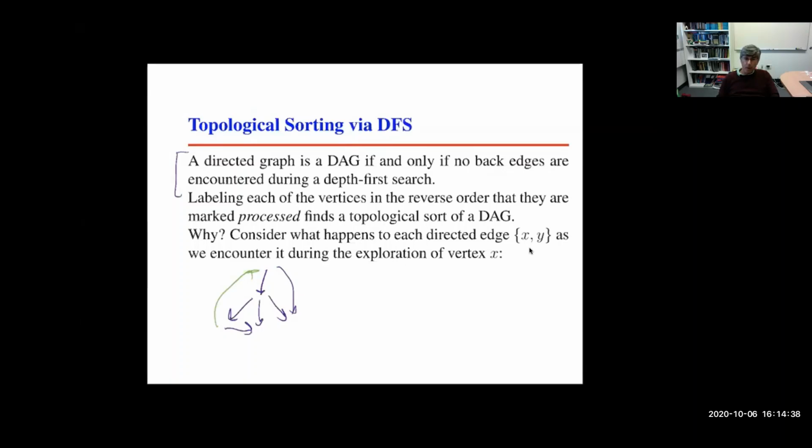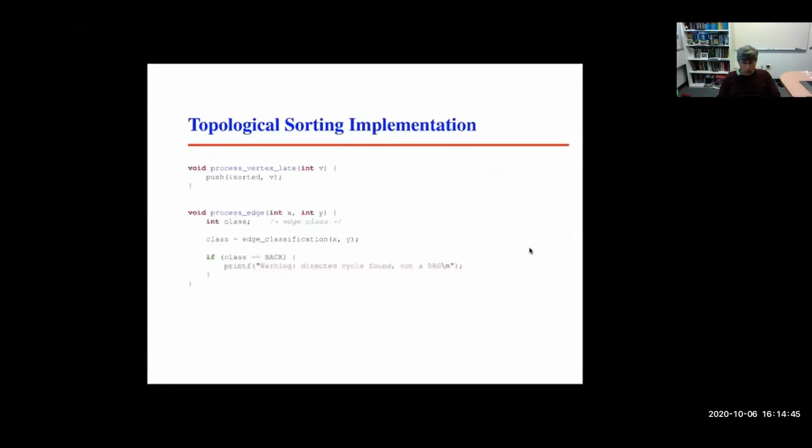So what is the idea of doing topological sorting by depth first search? Well, we're basically going to do things that are conceptually making sure we don't find any back edges. If we have a back edge, that is going to create a cycle.